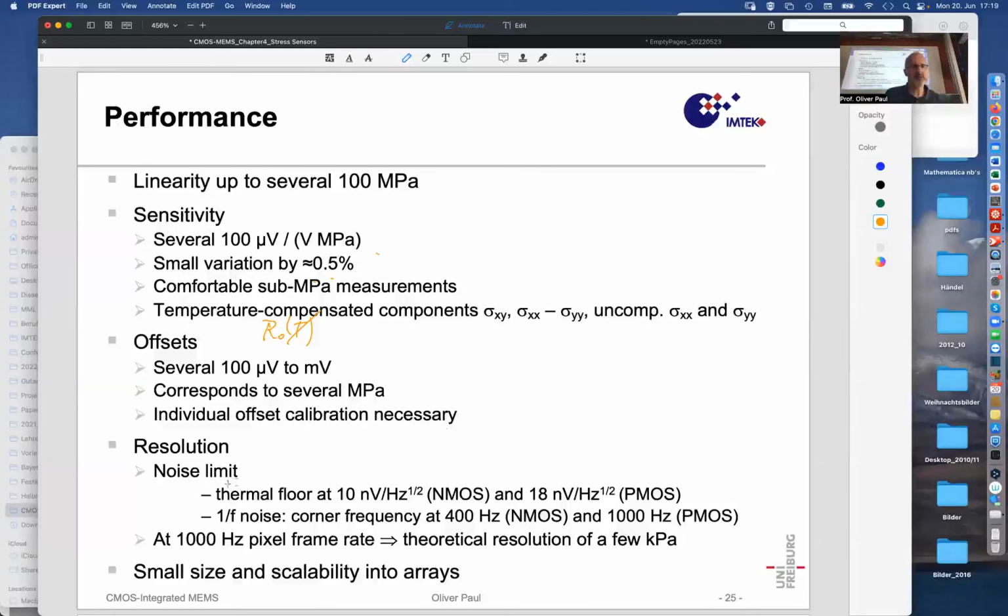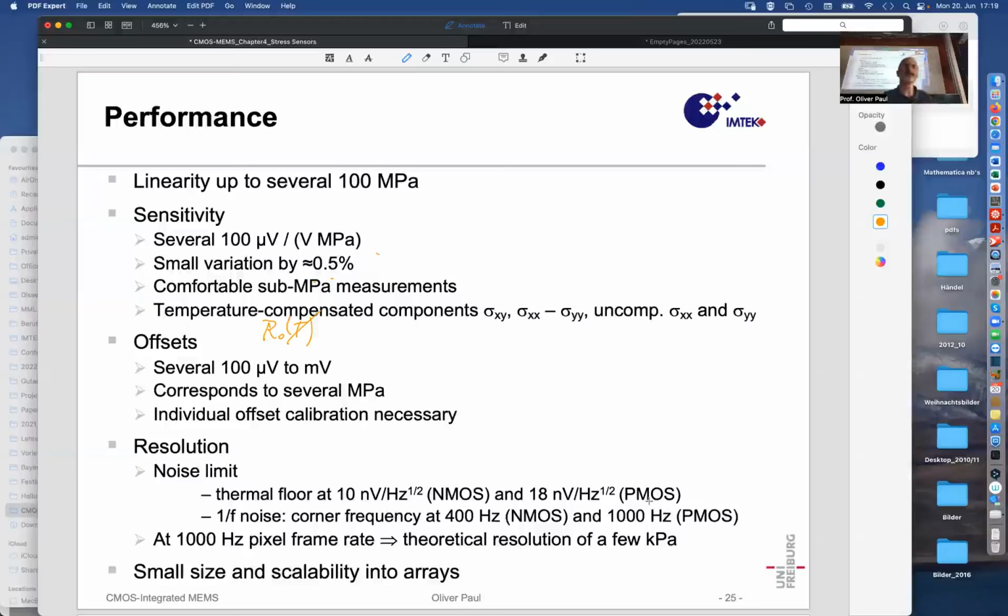And then what about noise? Well, there's a noise floor of about 10 nanovolt per square root hertz, or 18 for these NMOS and PMOS over a wide range, where the noise is white noise. But field effect transistors have also at low frequencies a 1 over F noise part, and that starts at about 400 or 1000 hertz for the NMOS and PMOS.